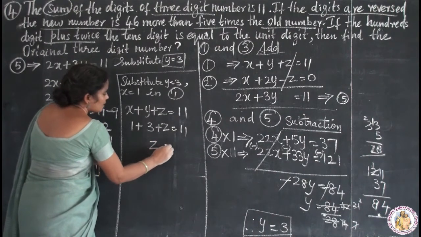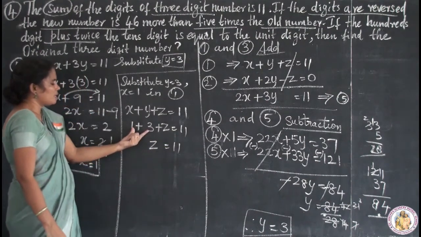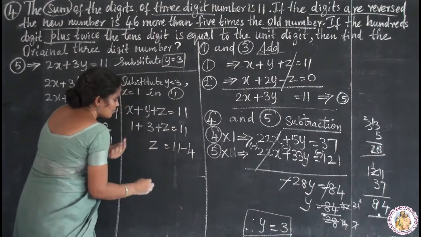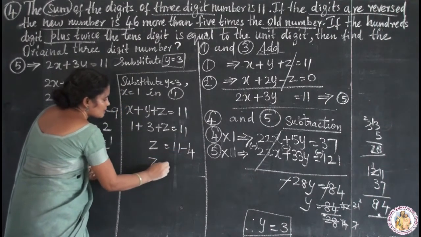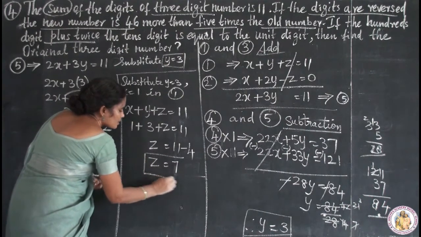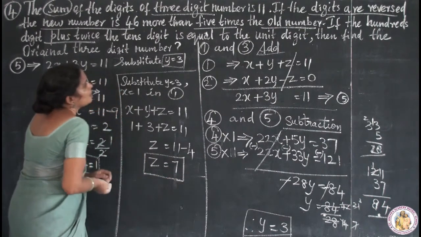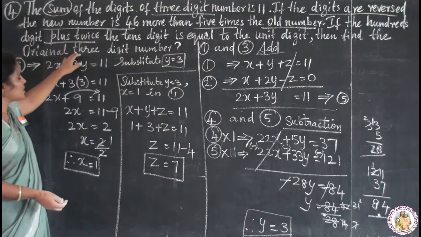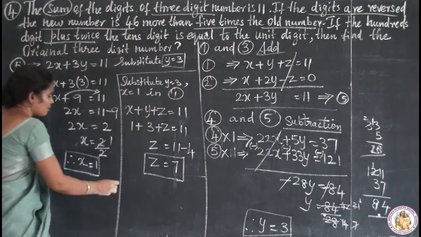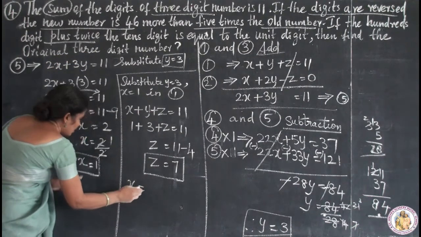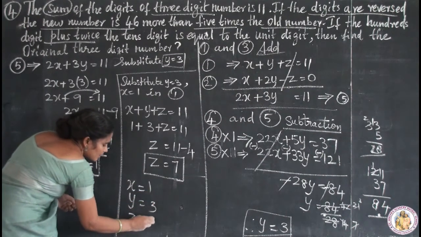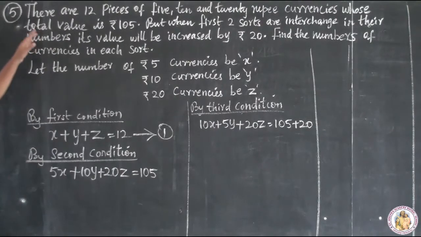So have z alone. 3 plus 1 is 4. 4 goes to the right side, goes as subtraction, so z is equal to 7. Now find the original 3-digit number. The original 3-digit number will be x is equal to 1, y is equal to 3 and z is equal to 7.